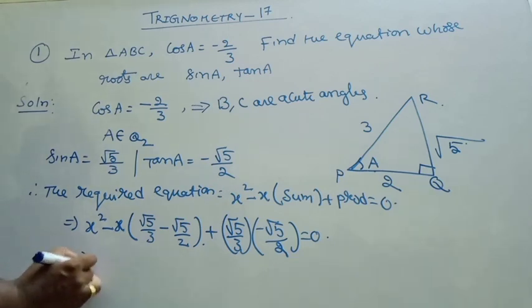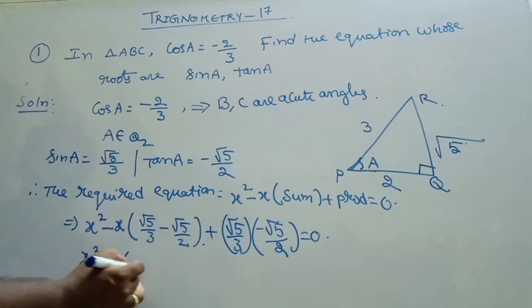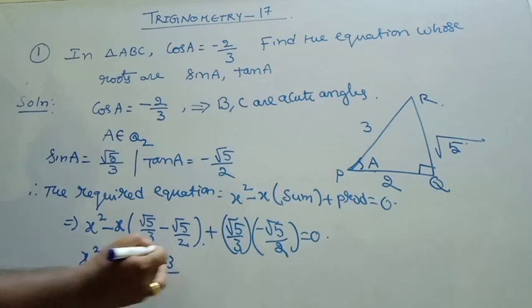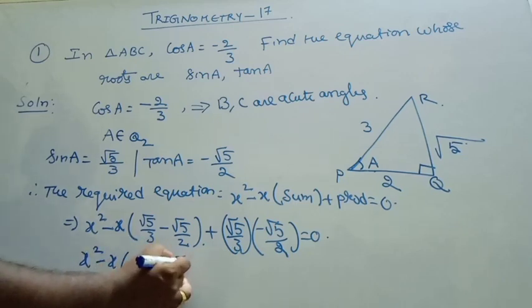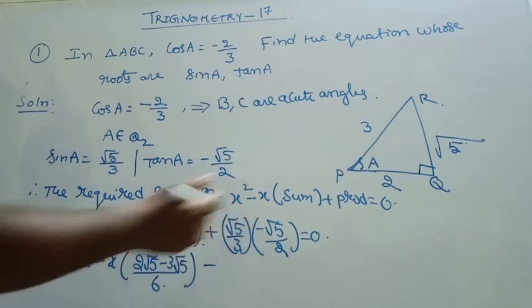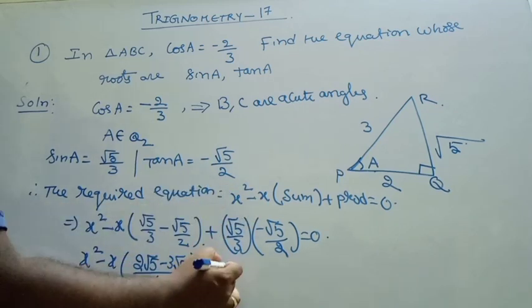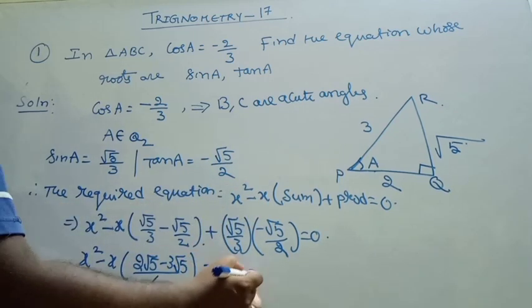Now this is x squared minus x into, taking 2 into 3, 6 is the LCM here, 2 root 5 minus 3 root 5, minus root 5 into root 5, that is 5 by 6, equal to 0.